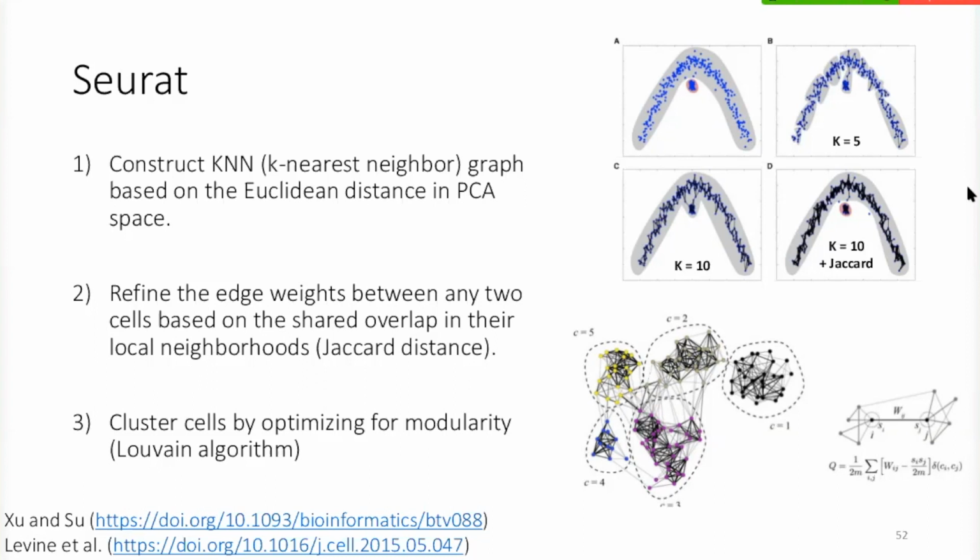Okay, after you have created this improved graph, then you need to cut it somewhere, right? What they do here, as I told you, is Louvain, which is a heuristic, a way to cut the graph by optimizing what's called modularity. An easy way to think about this is that you cut the graph at every edge, removing one edge at a time, and then you check if the graph is now split into 2.